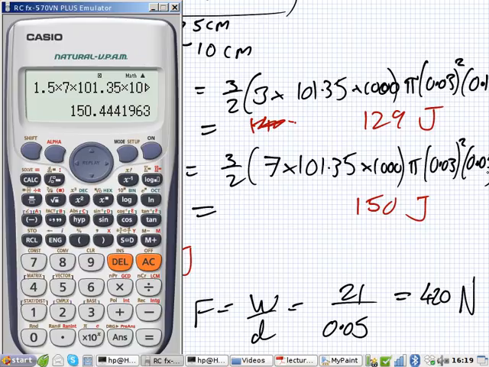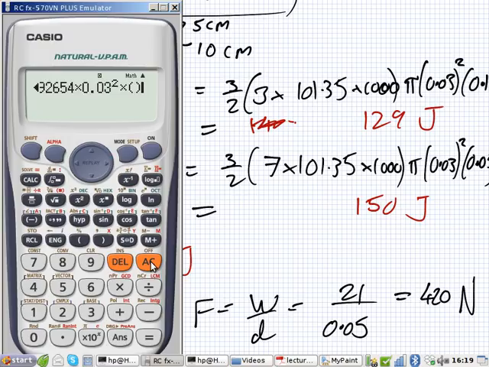Now, do we know the area here? Well, we do. It's the circle, because you're pushing the circle. So what's the area of the circle? What was the radius? 3. Pi r squared multiplied by the pressure.